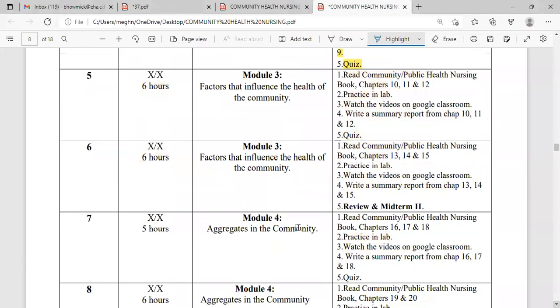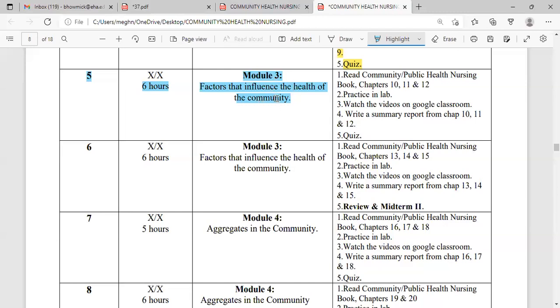So next here, week 5, it is 6 hours, include module 3, factors that influence the health in the communities. So community health nursing, as I told you, is a population-focused approach to the planning, delivering or evaluating of the nursing care, but it is community-based, right?